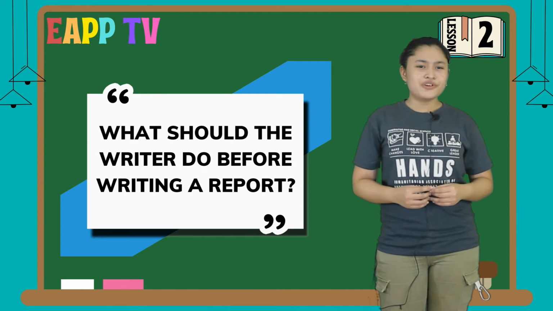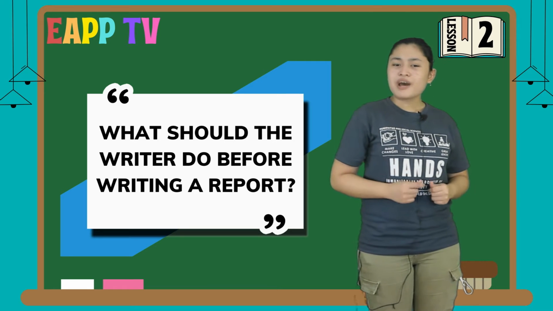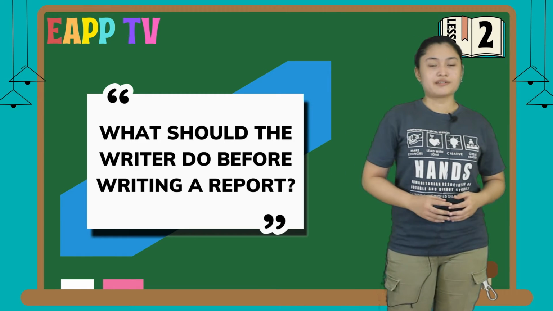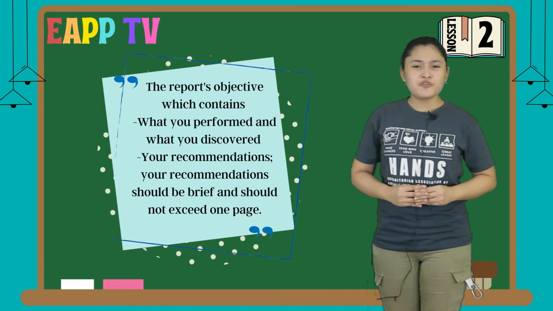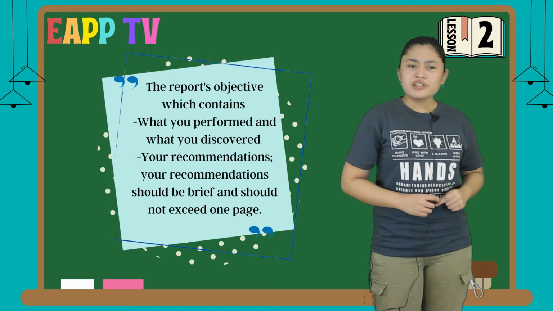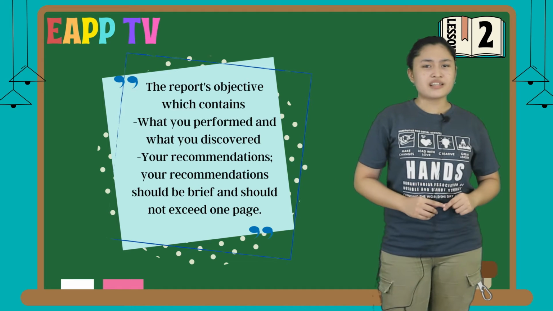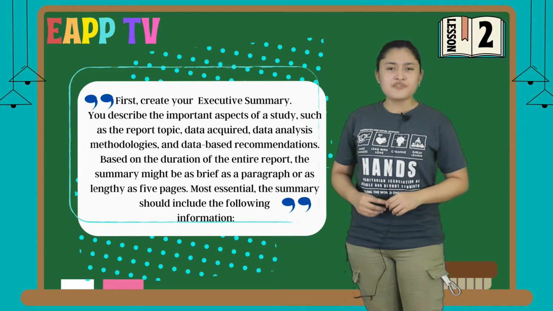Now let us know what the writer should do before writing a report. These are the things to keep in mind while drafting a report. The report's objective, which contains what you performed and what you discovered. Your recommendations. Your recommendations should be brief and should not exceed 1 page. First, create your executive summary.